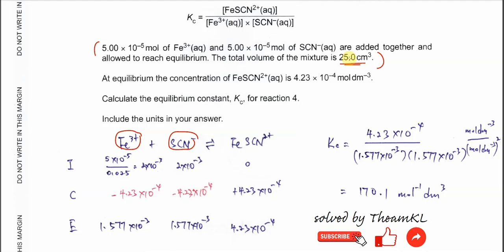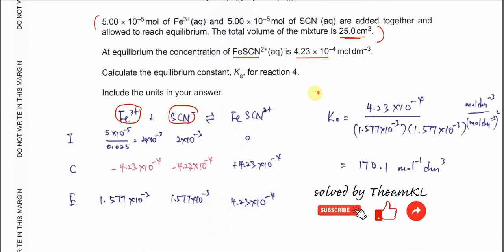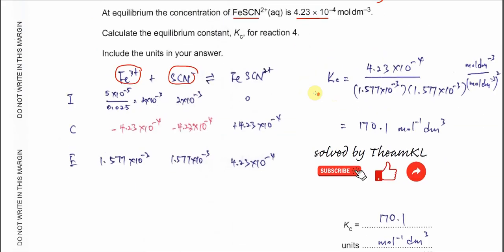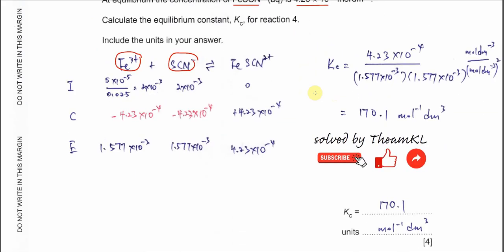So you can now calculate the concentration for the reactants, these two reactants. Later I'll tell you how to do this, the ICE table. At equilibrium, the concentration of the product is 4.23 times 10 power negative 4 mole per dm cube. Calculate the Kc for this reaction. Okay, so let's focus on the ICE table.